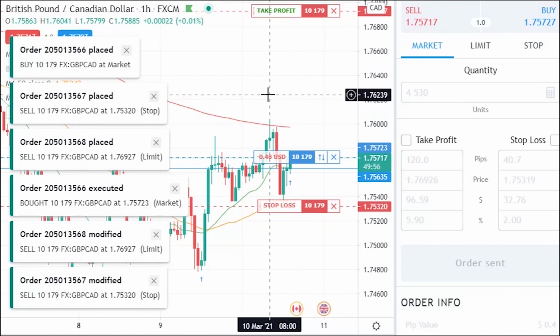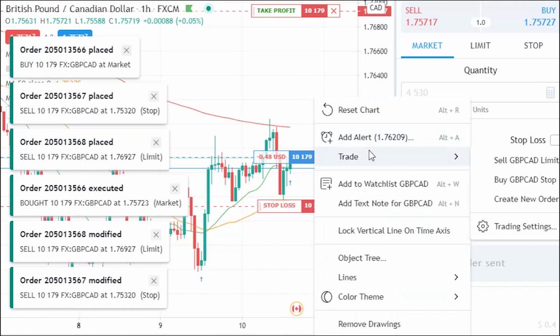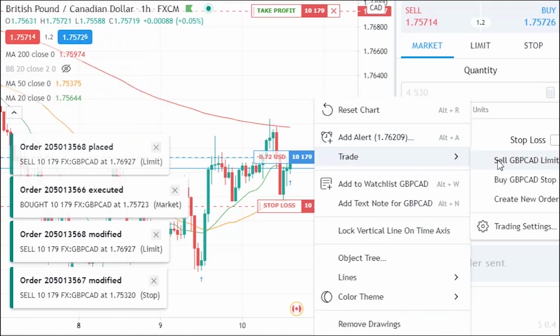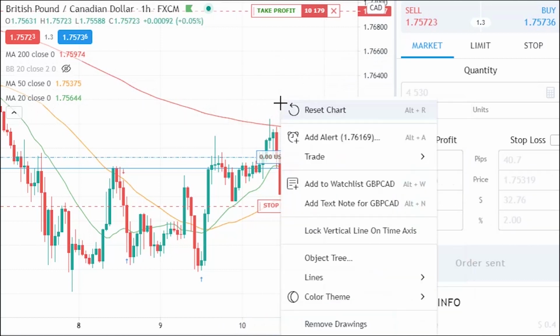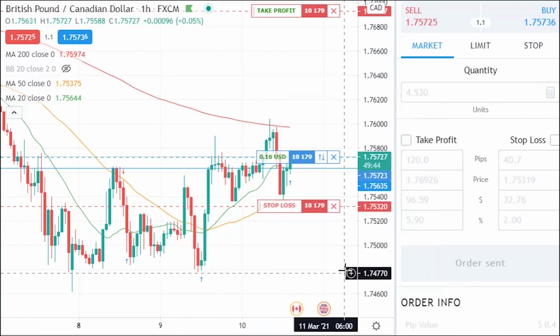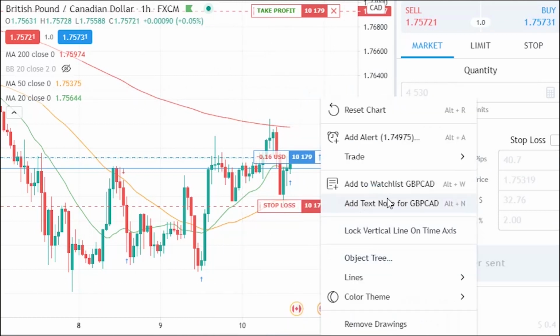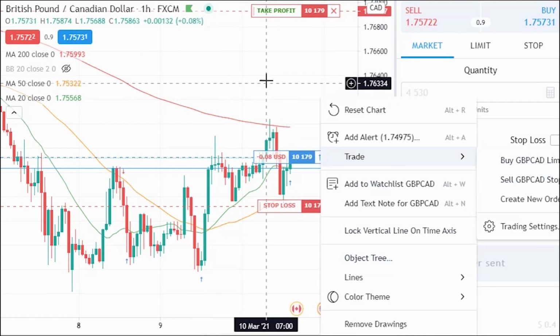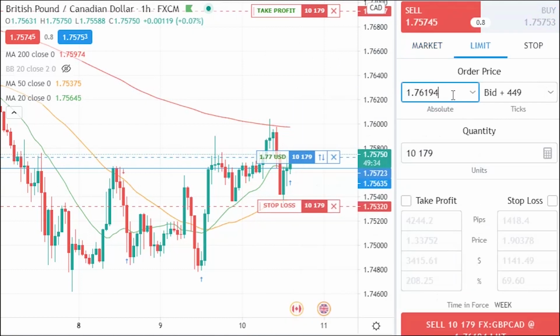Now we need to add in our TP1. So I right click and trade to be a sell limit, right? Because we're doing a buy, so we want to sell at a certain point. If it was a short, we would do trade buy limit. But for this, we're buying, so we want to set a sell limit for TP1.